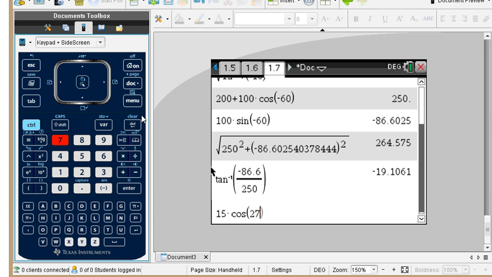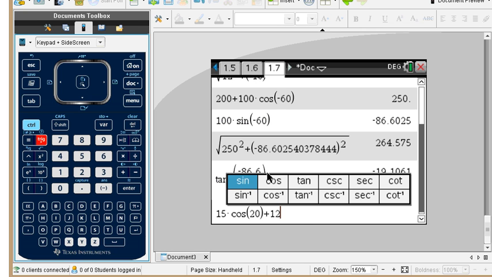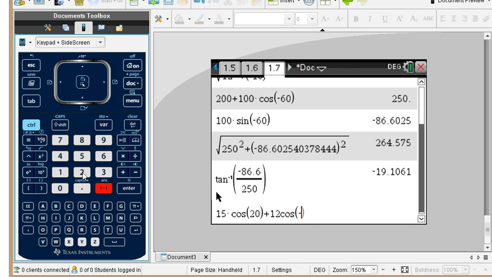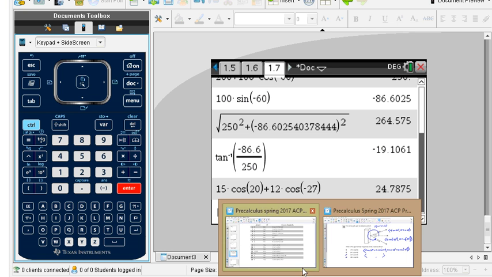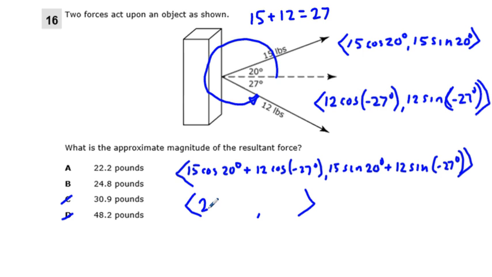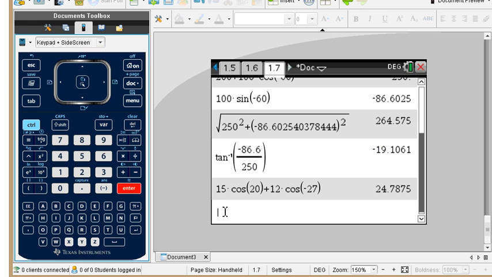Okay, let me fix that. 20 degrees plus 12 cosine negative 27 degrees. And we could have put, like I said, 330 degrees. And we are in degrees here, so this is good. So we get about 24.79. So go here and put in 24.79. And then we go over and look at the y value.